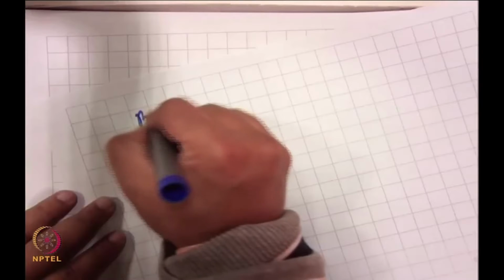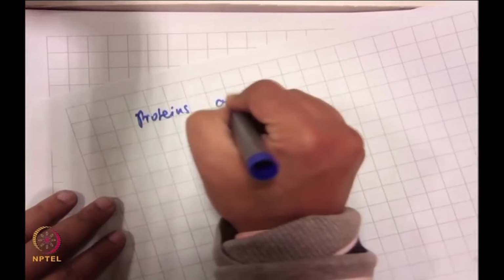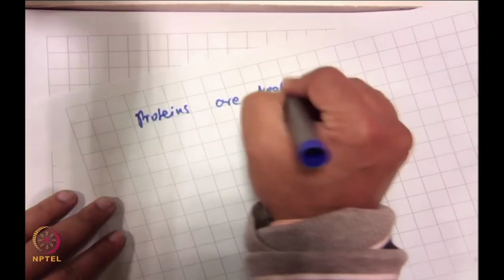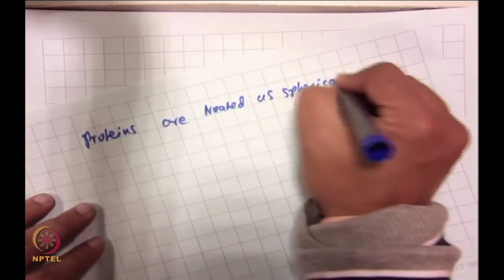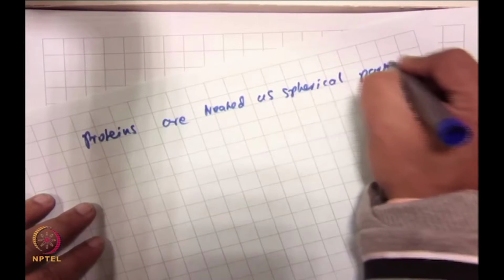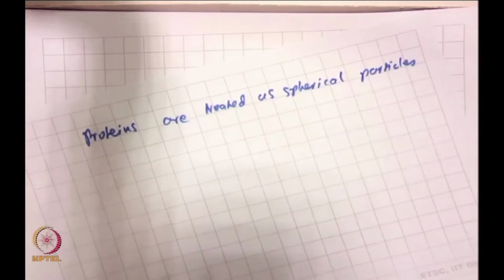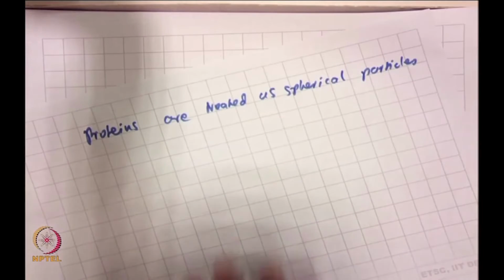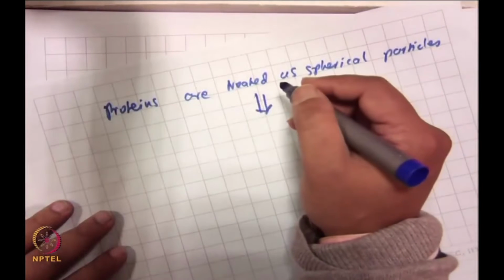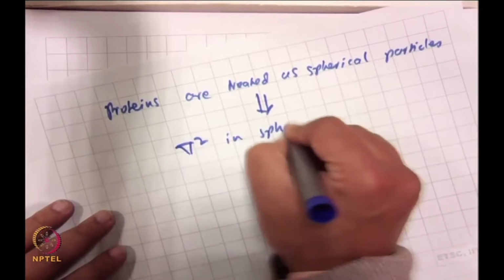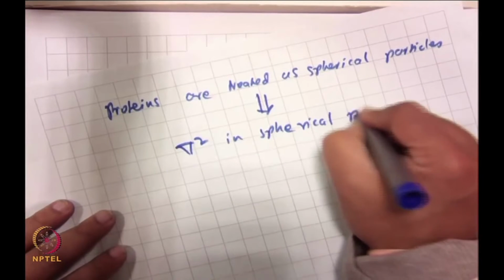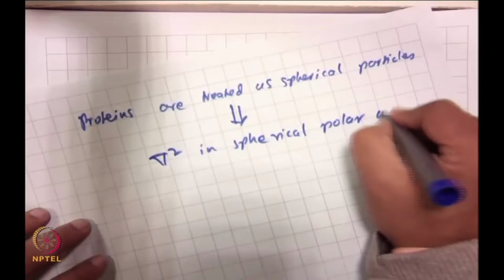Because proteins are treated as, are approximated as spherical particles, right? If proteins are approximated as spherical particles, I better convert my del squared into spherical polar coordinates.